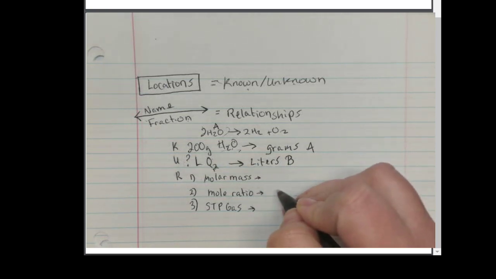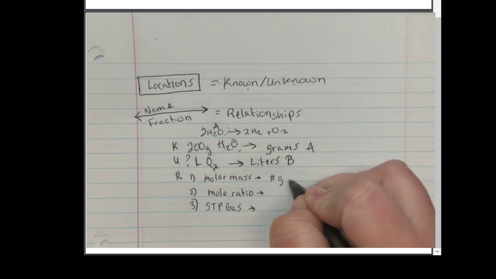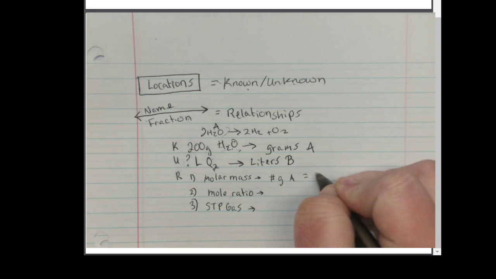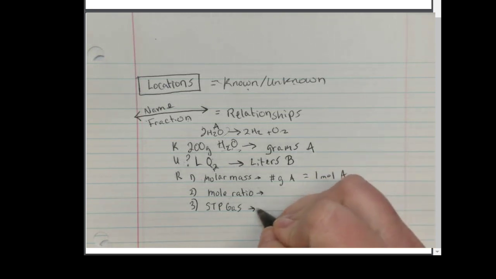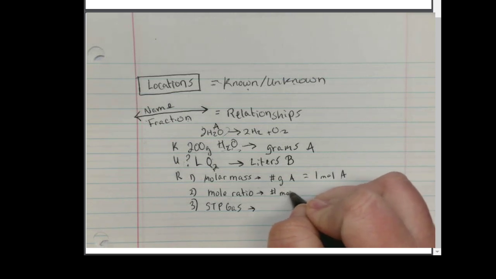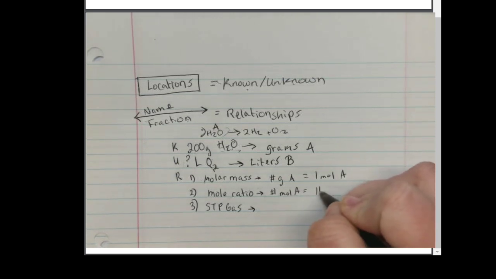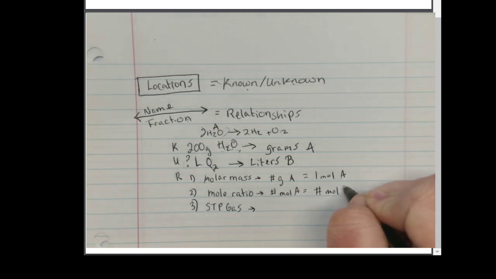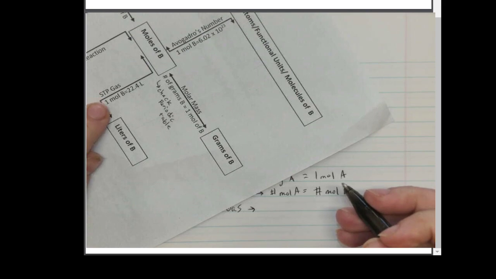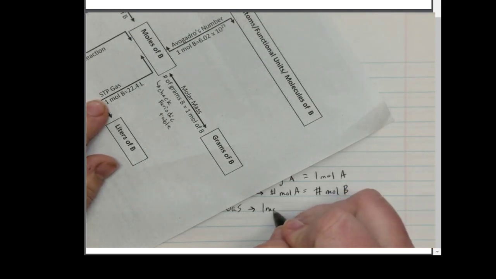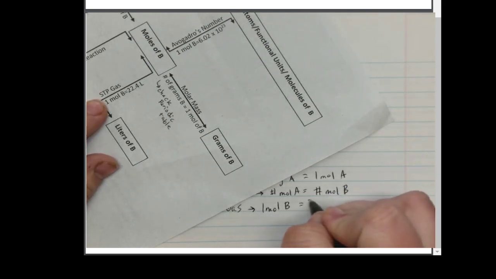Next, underneath molar mass was number grams A equal 1 mole A. Under mole ratio, number mole A equal number mole B. And finally, for STP gas, just so you can see, note it says 1 mole of B equals 22.4 liters.